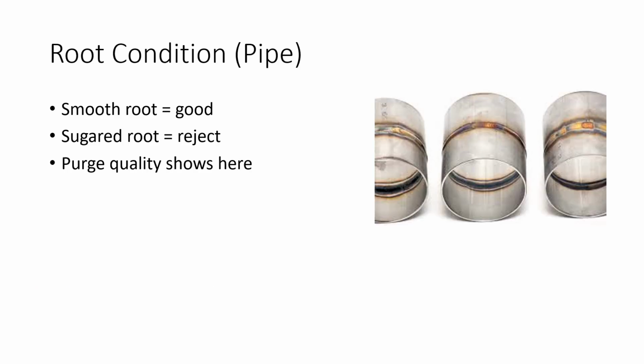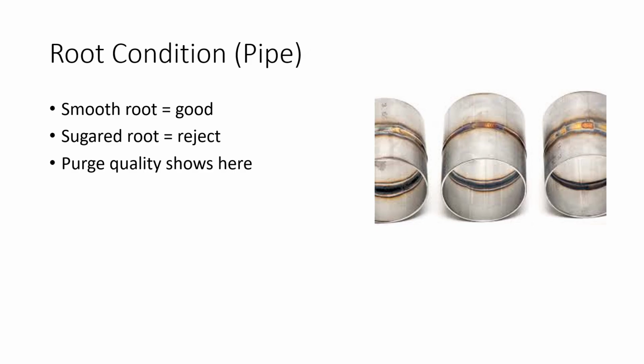So the root condition on that pipe on the inside, we want it to be smooth, nice. We don't want icicles or boogers or excessive reinforcement in there. If we look inside there and it's got a sugared root, we're going to reject it. And this is where the purge quality is going to show up.